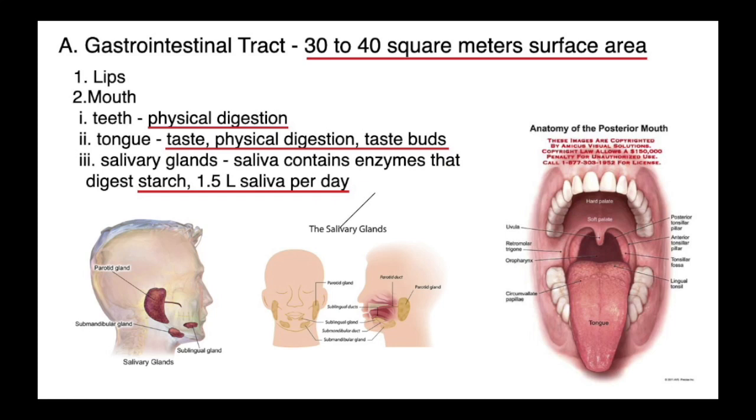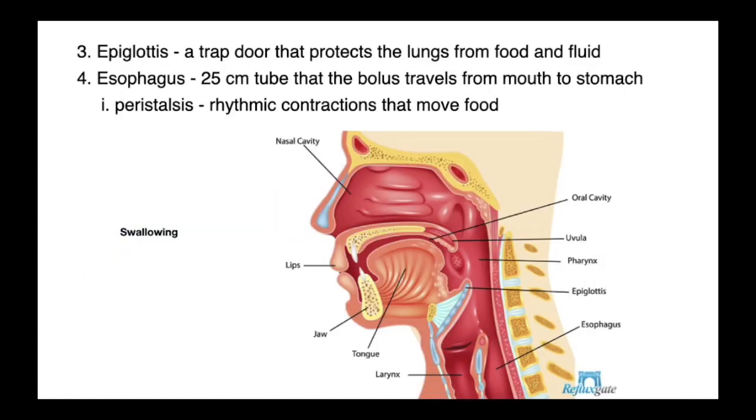And by the way, you produce 1.5 liters of saliva every day. So if you opened up a 2-liter pop bottle and just let your mouth drip into there for 24 hours, it would be three-quarters full of slobber. Okay, so that's gross. So anyway, next.